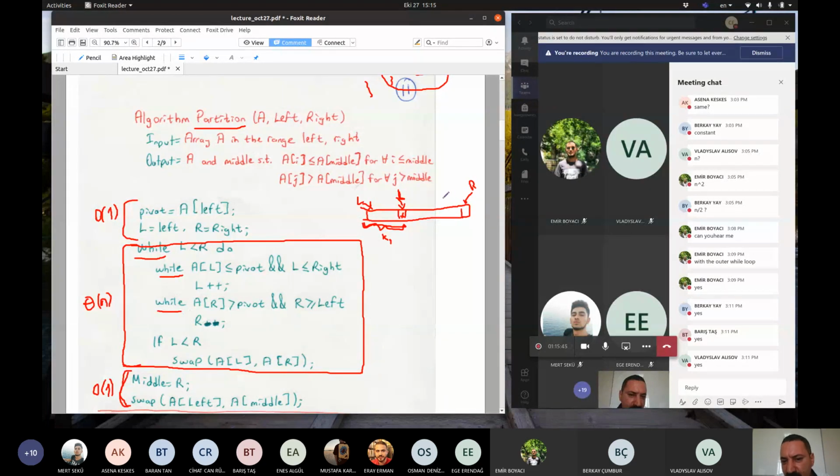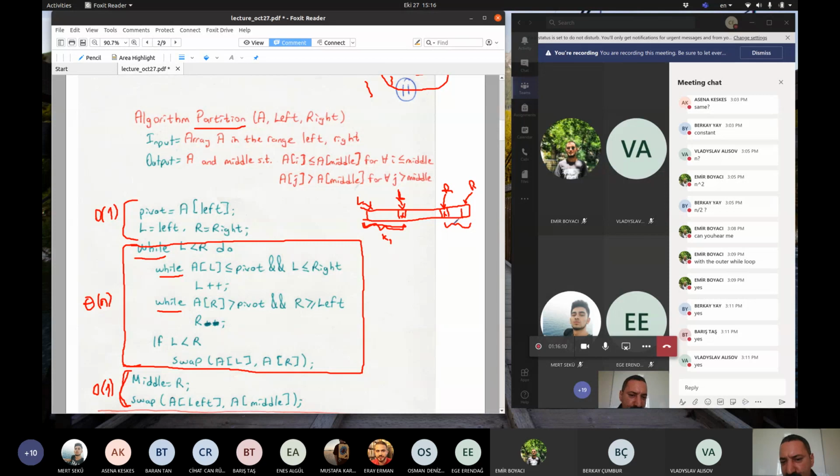For R, for the second while loop, it is the same thing. R will move to the left, and it will stop at the position when it finds an element smaller than or equal to pivot. And let's see how much time our algorithm has spent up until now for this while loop.